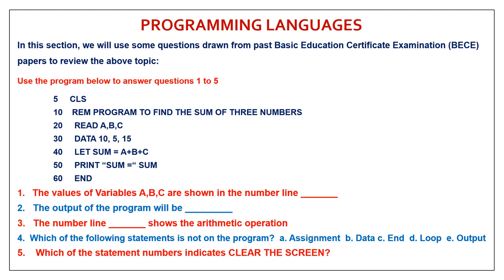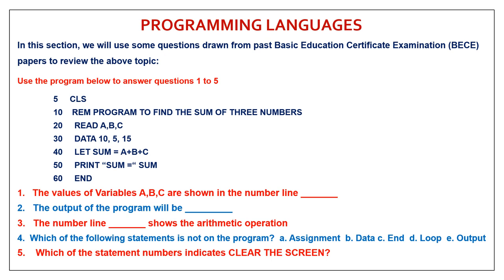Observe how these variables and values are separated using commas. Line 40, let sum equal to A plus B plus C. Line 50, print "sum equal to", sum. And line 60, end. That's the end of the program segment.